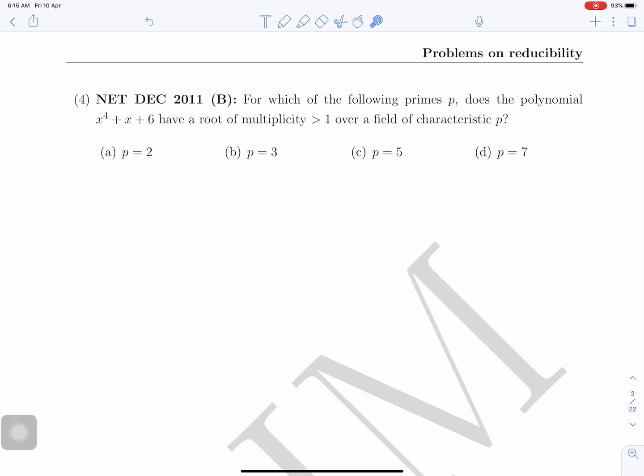Before going to this problem, let me recall one result.